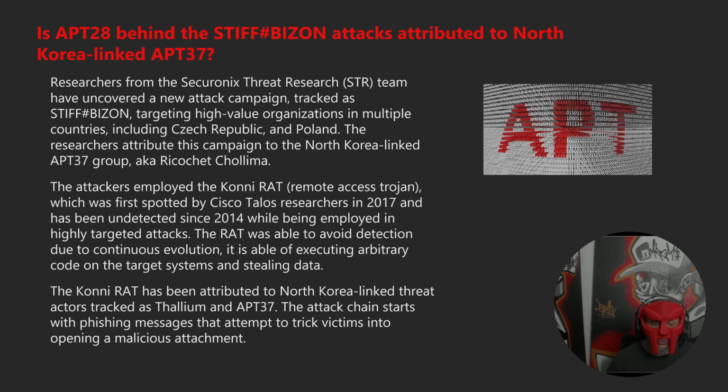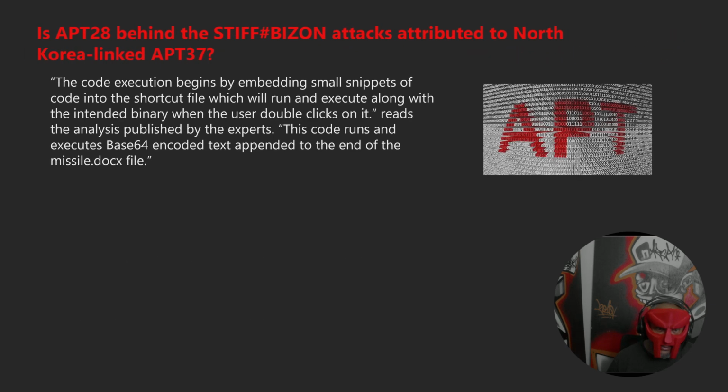The attack chain starts with phishing messages that attempt to trick victims into opening a malicious attachment. The code execution begins by embedding small snippets of code into the shortcut file, which will run and execute along with the intended binary when the user double-clicks on it, reads the analysis published by the experts. This code runs and executes base64 encoded text appended to the end of the missile.docx file.